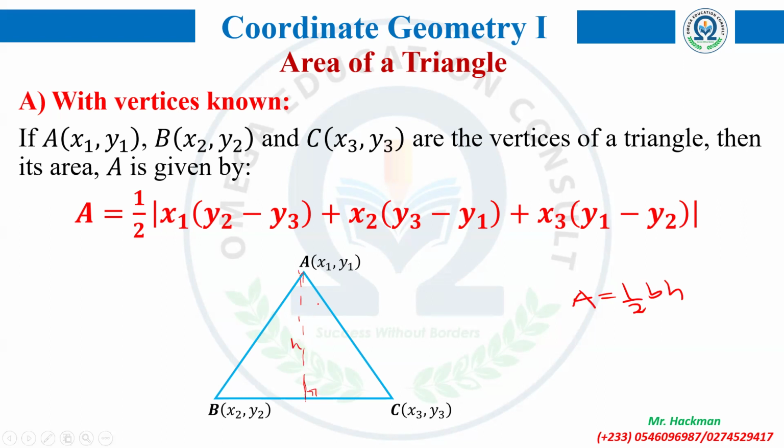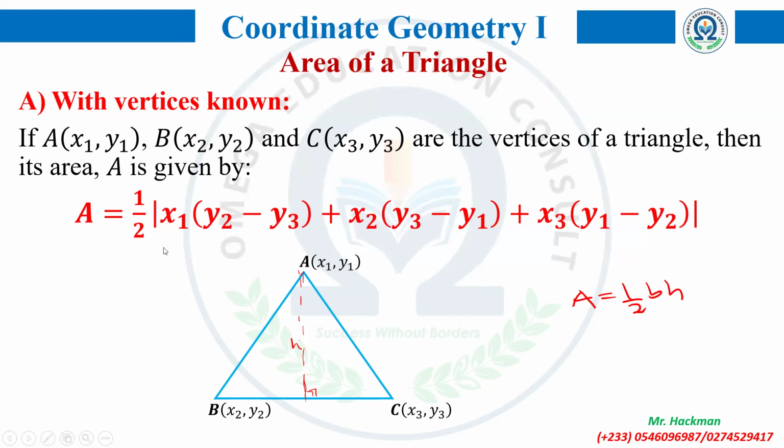However, if you are given the vertices of the triangle, you don't necessarily have to go through this. There is a formula for finding the area which relies only on the vertices of the triangle. So if I have A with coordinates x sub 1, y sub 1, B, x sub 2, y sub 2, C, x sub 3, y sub 3, being the vertices of the triangle, then the area is given by this formula.